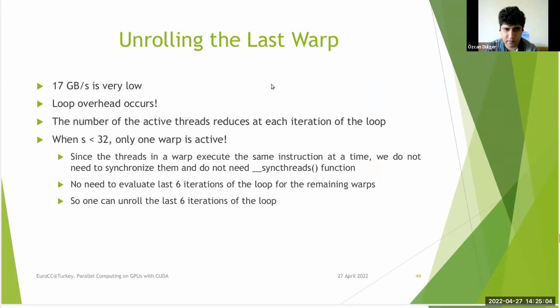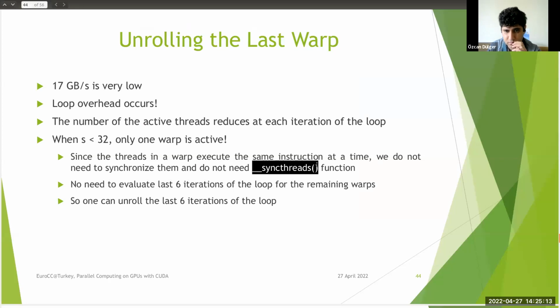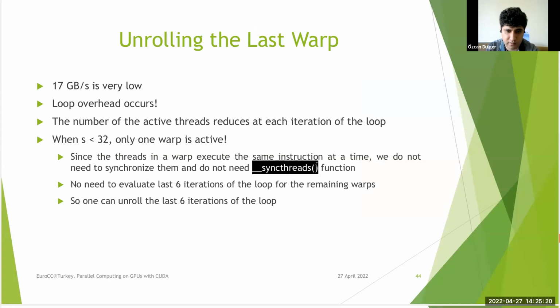And since only one warp is active, we don't need to synchronize the threads by using the syncthreads function, because this is used for the threads inside the block. But for the threads in a warp, we don't need to synchronize explicitly, because all the threads in the warp execute the same instruction.